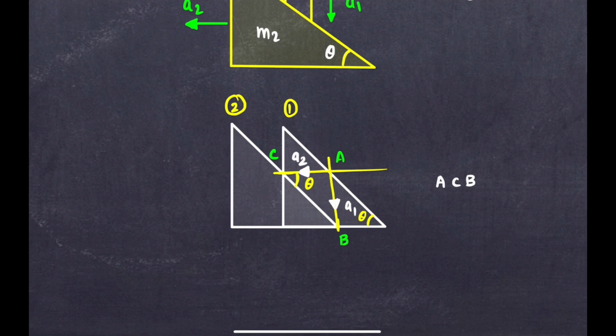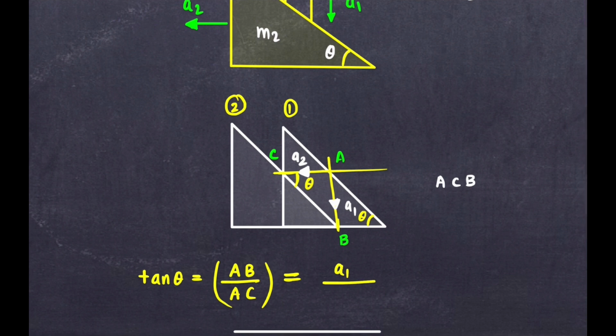From this triangle, can I write tan theta? What will be tan theta? Tan theta will be AB upon AC, right? Along the side AB we have plotted a1, so for the side AB we'll write a1.